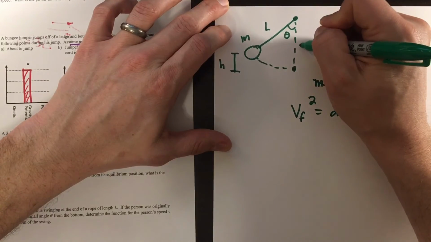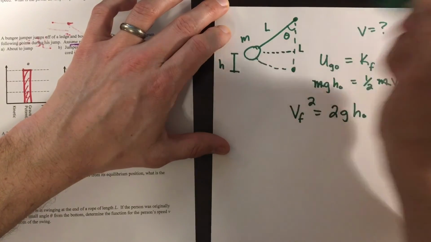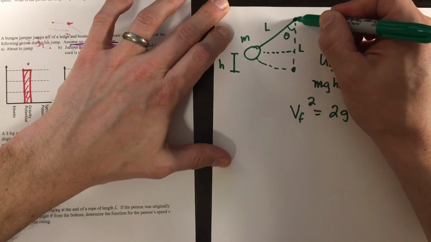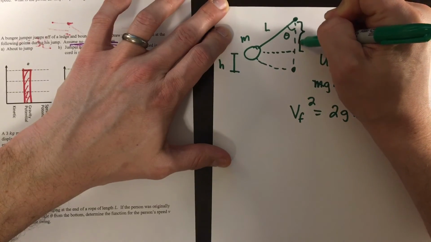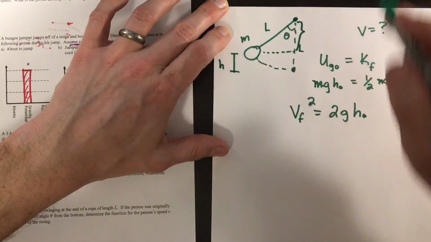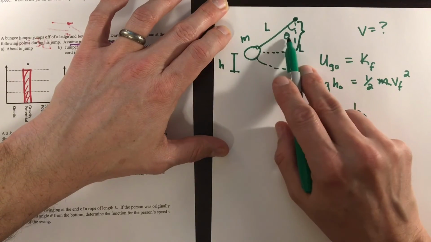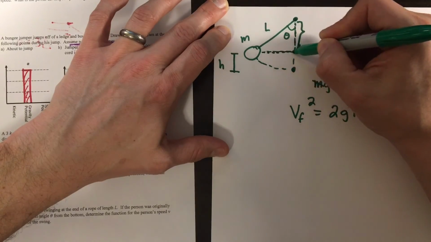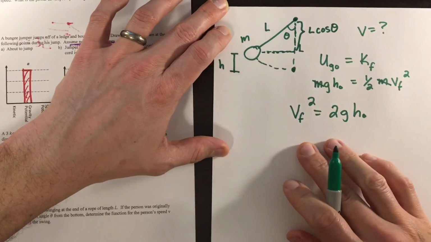Okay, so it starts with a height up here that's above. When it gets down to the bottom, it's going to be a distance of L from this pivot point. So the question is, what is this part? How far is that? Okay, so if the hypotenuse here is L and this angle is theta, then this side of this triangle right here is going to be L cosine of theta.